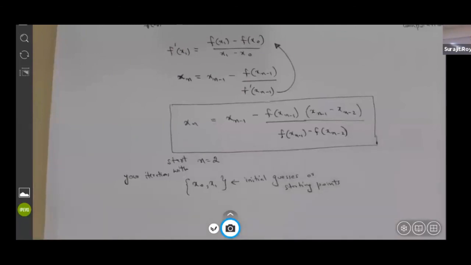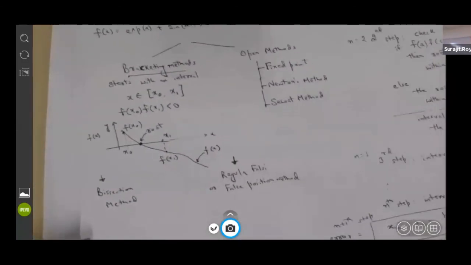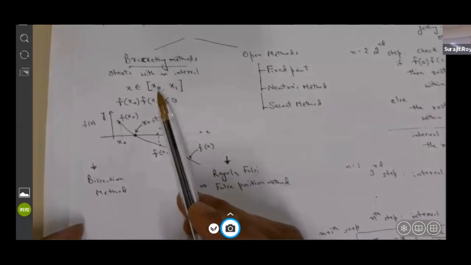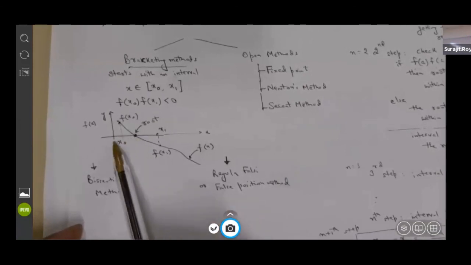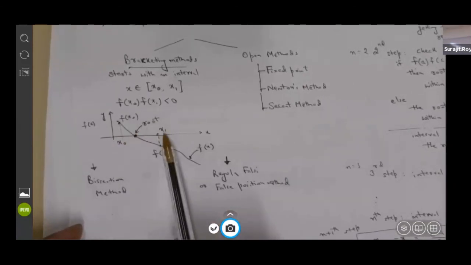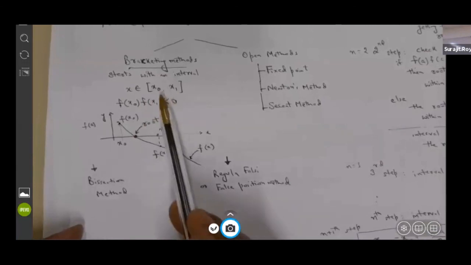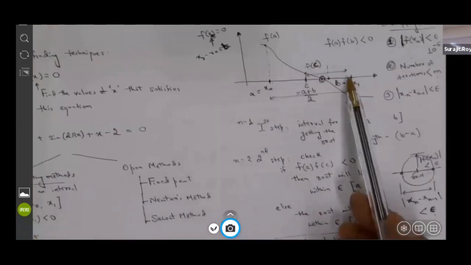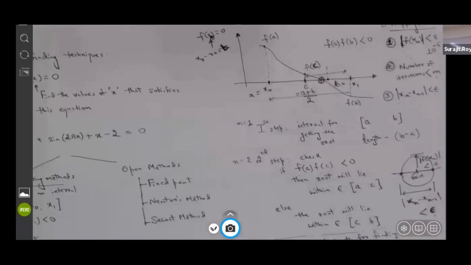If I actually go back and show you the bracketing method. So if you actually remember, when we discussed the bracketing methods, it basically requires an interval where the root lies between x0 and x1. So x0 is on this side of the root, x1 was on the other side of the root. So you always need two points for bracketing methods. So for bisection method, you are basically reducing the interval length by half, and that's how you're reaching towards the root.